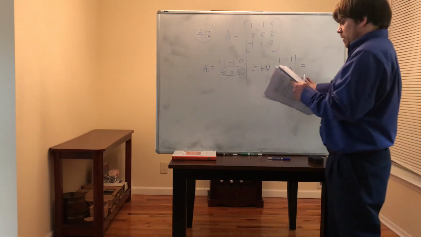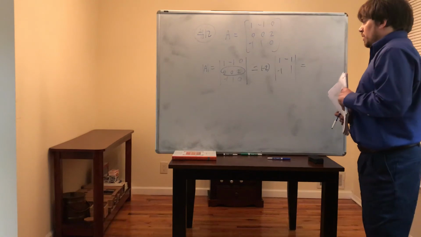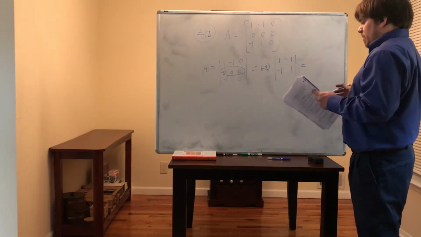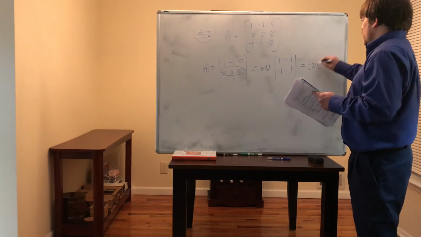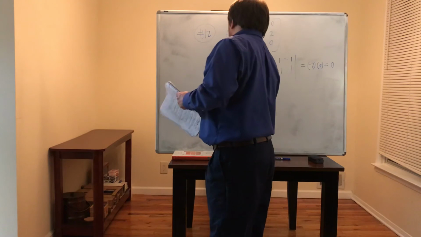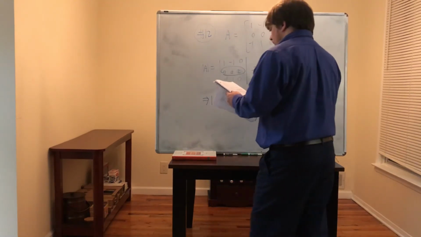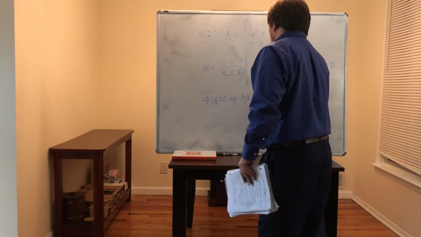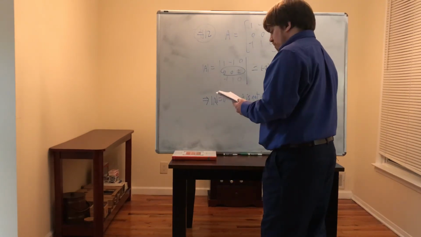Oh wait, sorry, that would be the submatrix. So it would be 1 minus 1, which is 0. So you get negative 2 times 0, which is 0. And so this implies that the determinant of A is 0, but that implies that A is not invertible. When the determinant of a matrix is 0, that means it's not invertible.